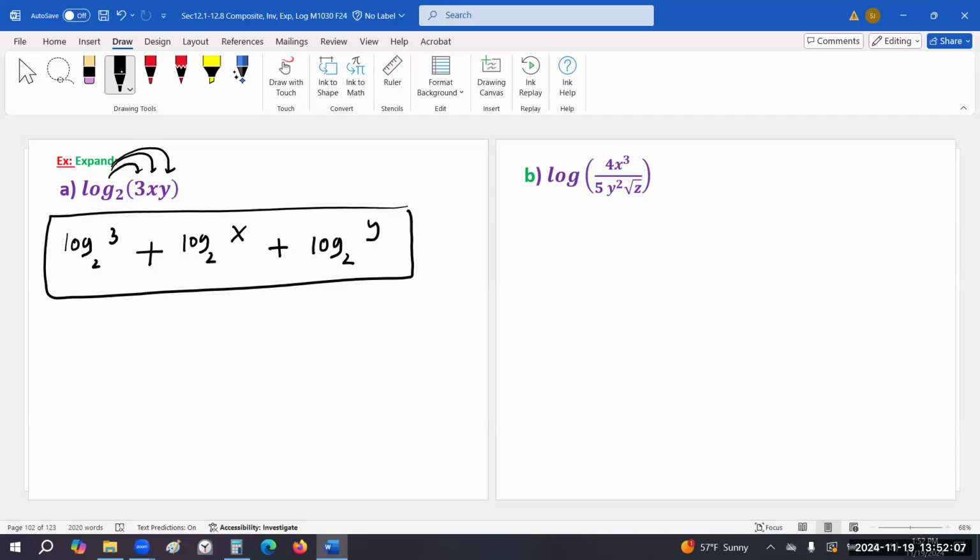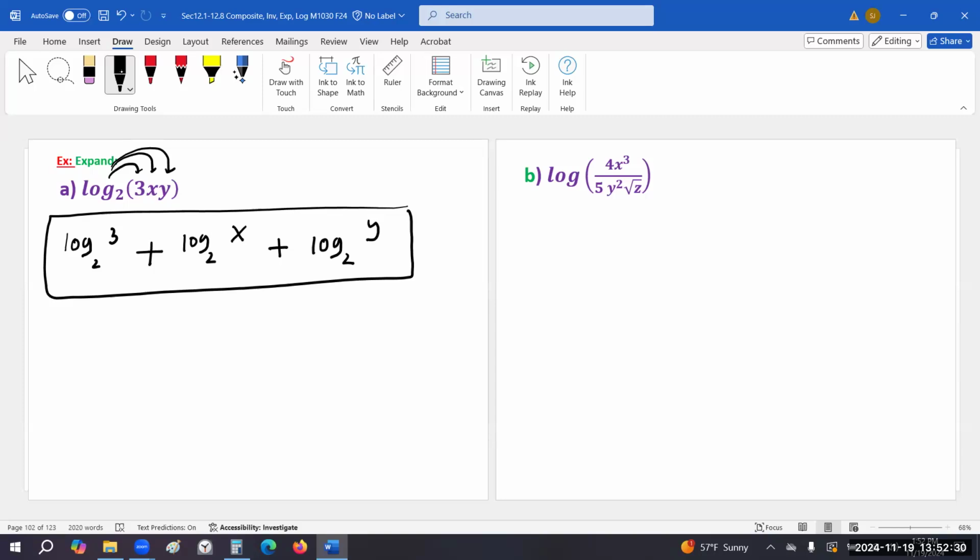So this time, how many things do you have in the argument? 5. So how many logs do we have to have in our answer? 5. And in division, do we add or do we subtract? Subtract. And in multiplication? Add.